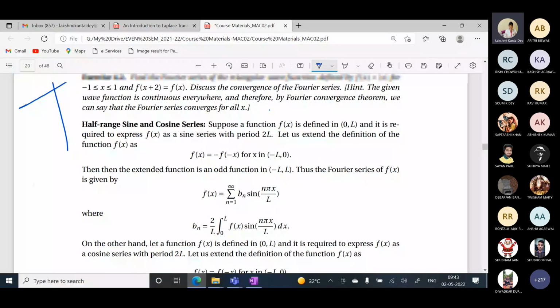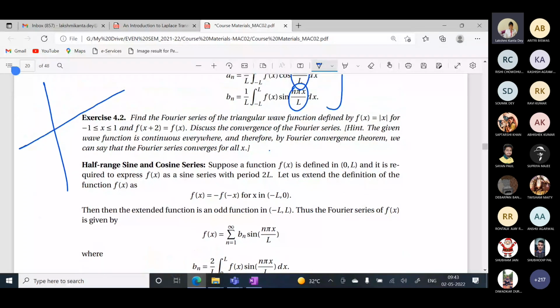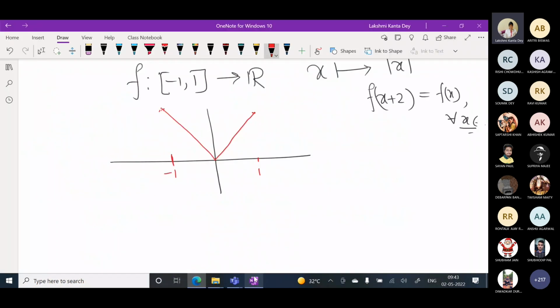Okay. Now, in this case, all of you can, I think, find, for example, particularly a naught. How will we find a naught?